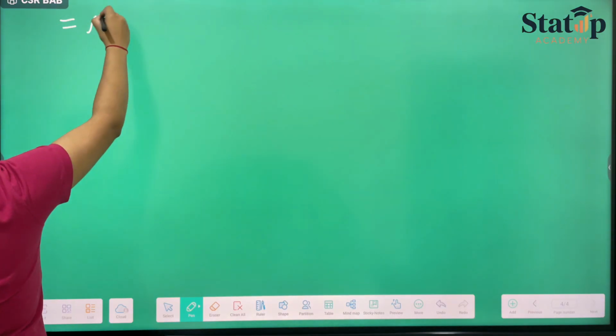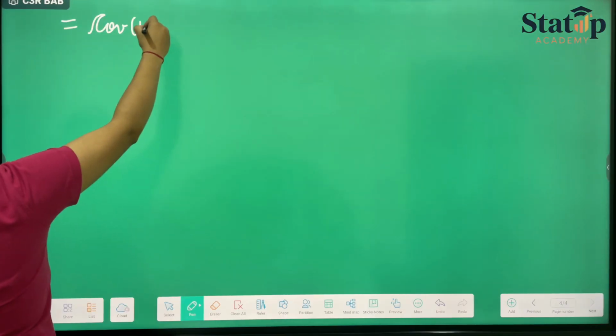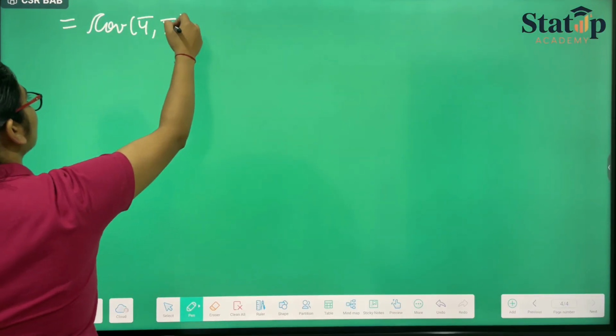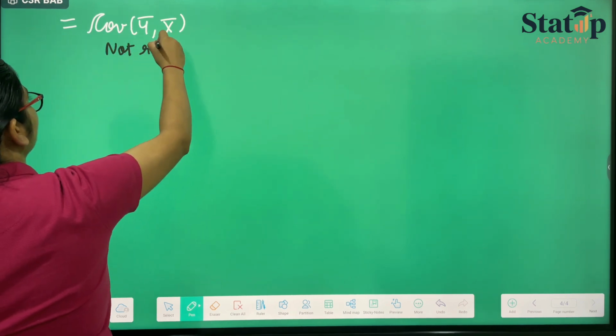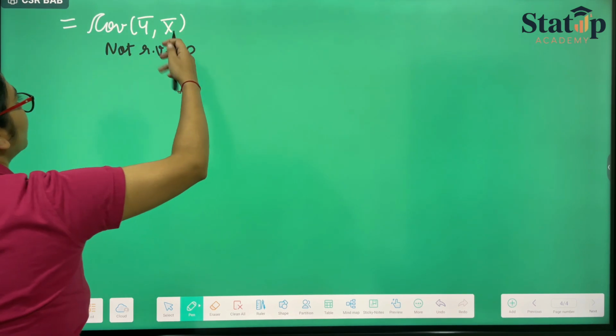The first is nothing but the covariance between y bar and capital X bar. These two are not random variables, so hence their covariance is 0.